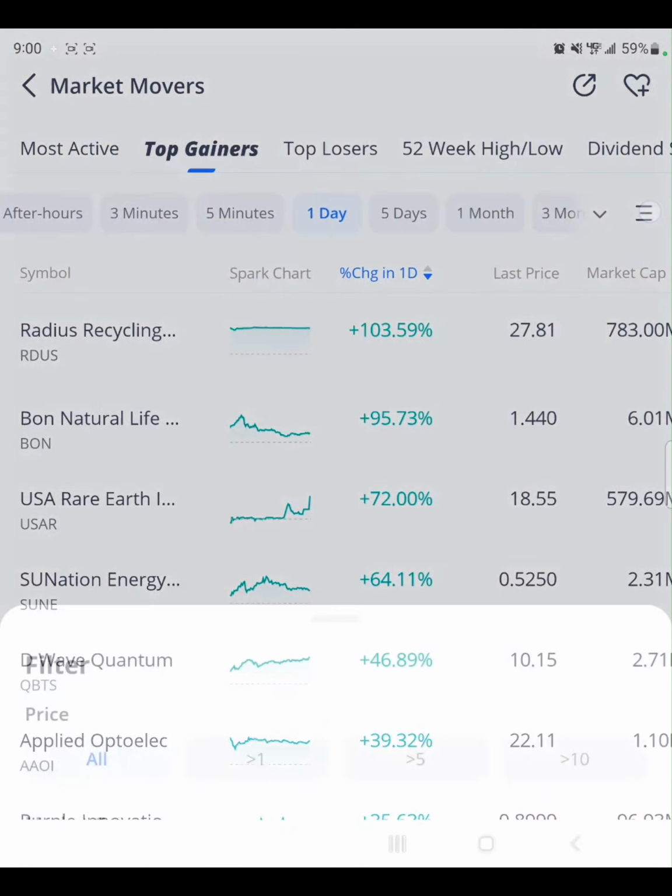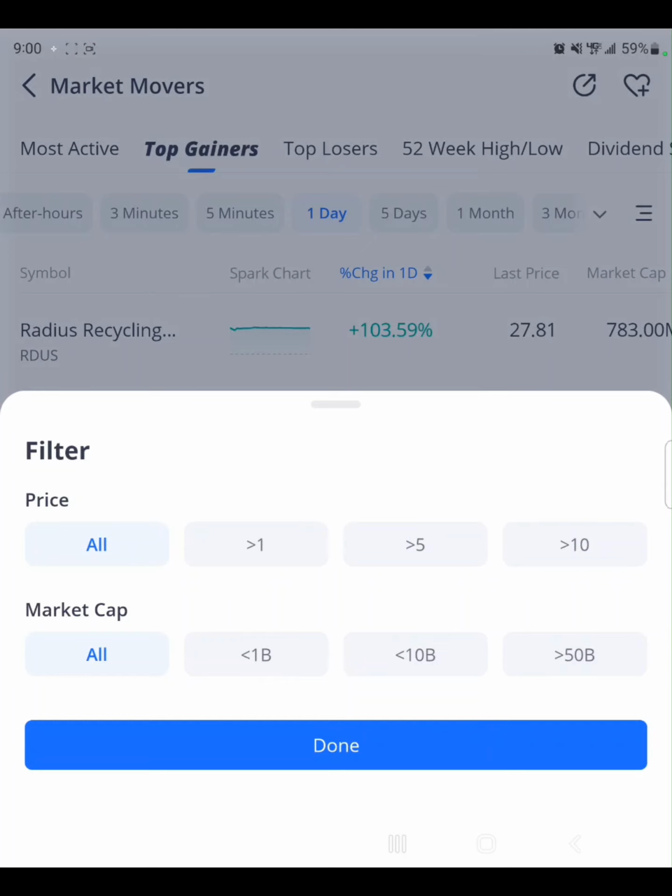Then click on the filter, then scroll to 50 billion market cap, because you want to see the stocks with the higher market cap to trade. With more market cap, you will have more volume and more profits can come in.